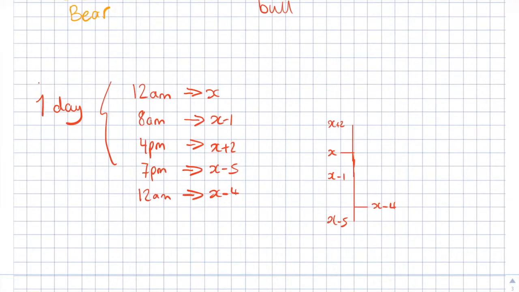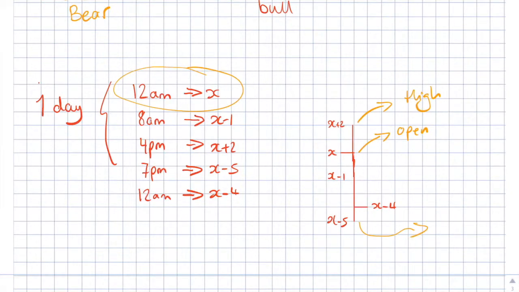Now, what does this mean? Well, X is the open price, that's at the start of the day. The X plus 2 at 4 p.m. is known as the high, because it's the highest value that the currency has reached during that day period. And then it shoots all the way down to X minus 5.